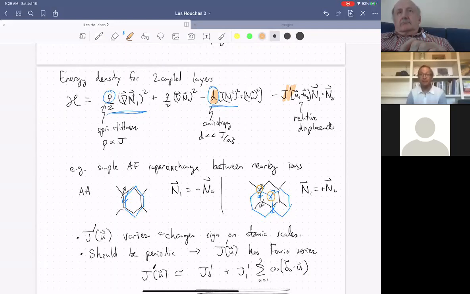Okay. So generally, these are kind of small effects in magnets. So this is something related to, for example, biquadratic exchange. So interactions that are higher order in spin operators generally are weaker.